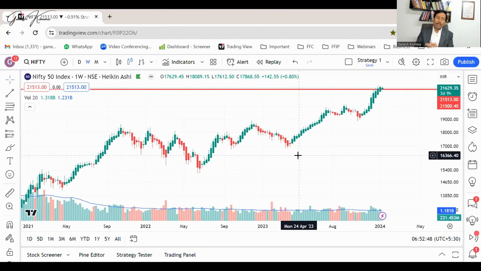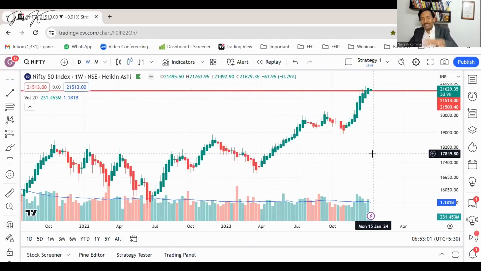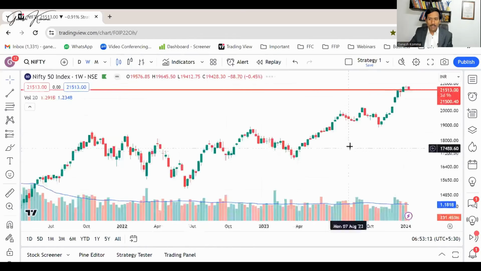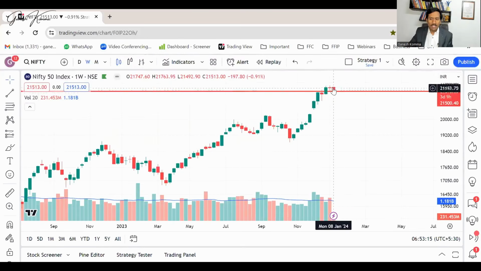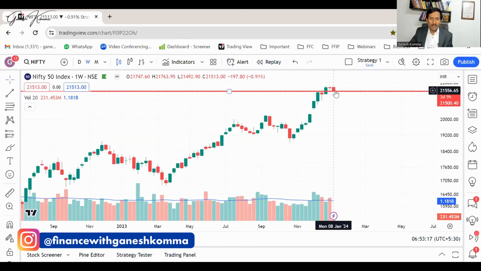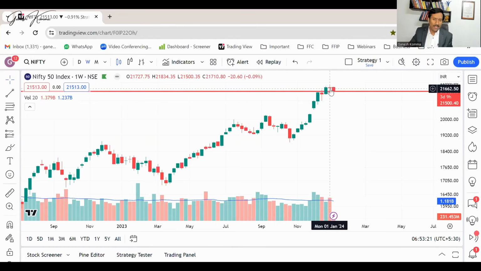Sir, everyday stock price movement I am able to see using the candlestick: day open, day close, day high and day low. But what exactly is the market movement? Heikin will tell you, right? And the disadvantage of Heikin is you will not be able to analyze everyday movement. For example, if you see Nifty 50, I load a candlestick chart. You observed in the last trading session on Monday we had a decline, and Friday was a flat day, right?